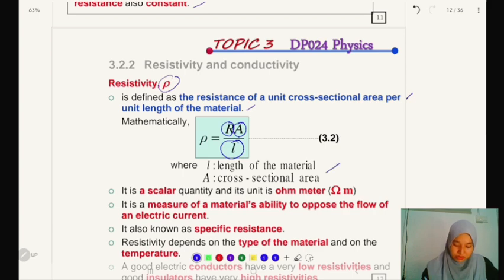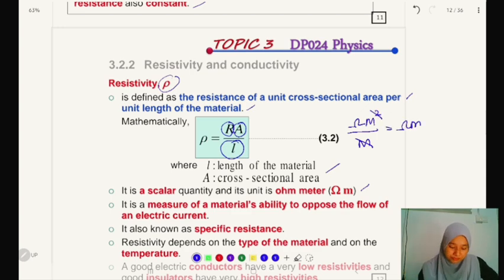So dia punya unit adalah ohm meter. Ohm darab meter. Kenapa? Sebab R unitnya adalah ohm. Area adalah meter square. Bahagi dengan length adalah meter. So dapatlah ohm meter.